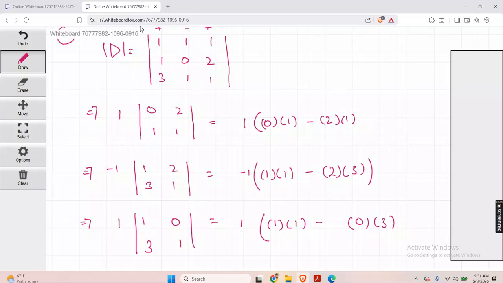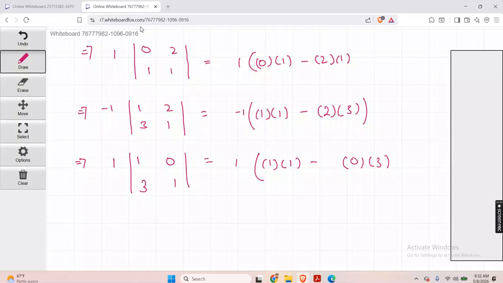So once we solve this, for the first one you will get -2, then -1 into -5, and 1 into 1.